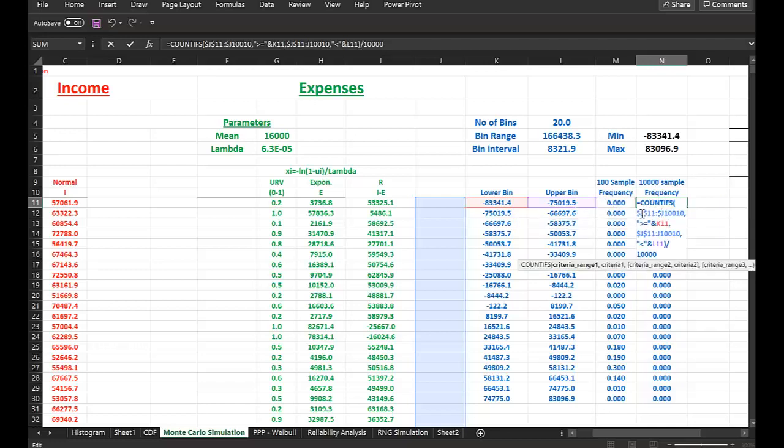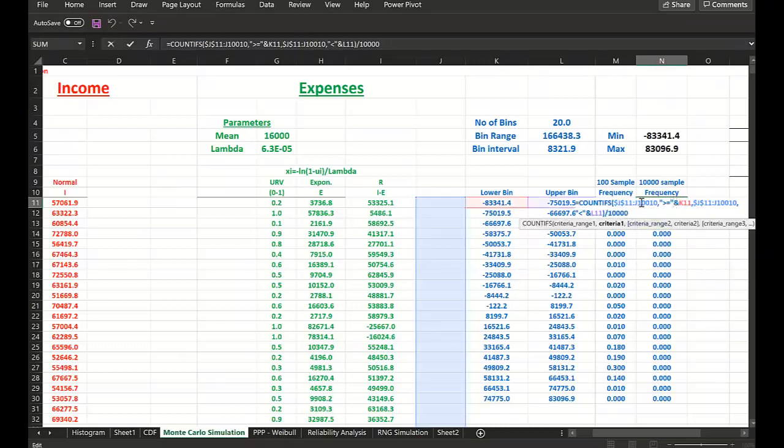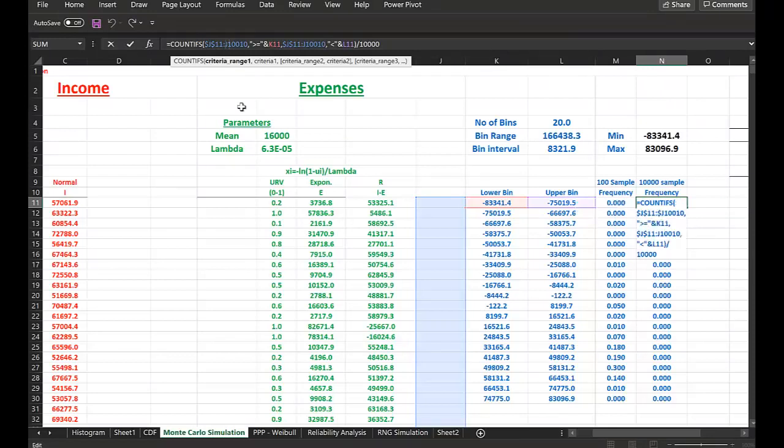So let us put a dollar sign here to freeze this. And again here I have to put a dollar sign, and then I can go here and put a dollar sign and again a dollar sign, and then I have to divide by 10,000.